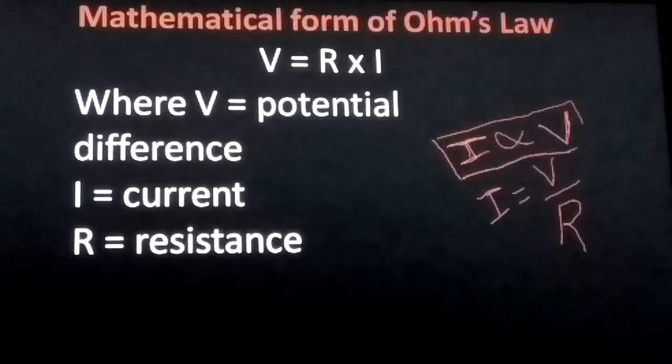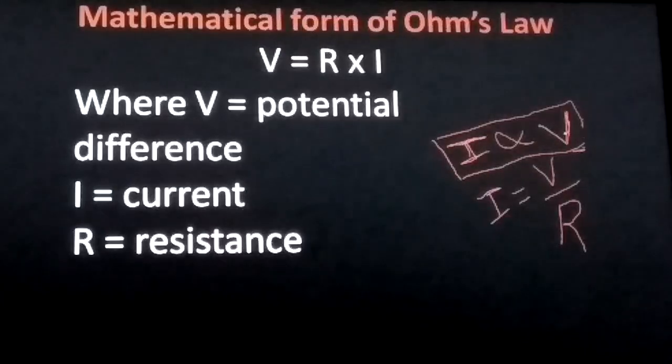At a constant temperature, the current flowing through a conductor, represented by the symbol I, is directly proportional to the potential difference across the conductor.